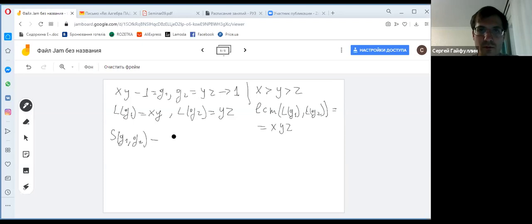So it's equal to xyz divided by xy, which is of course z, multiplied by, I'm sorry, g1 minus xyz divided by yz, which is x, of course, multiplied by g2.